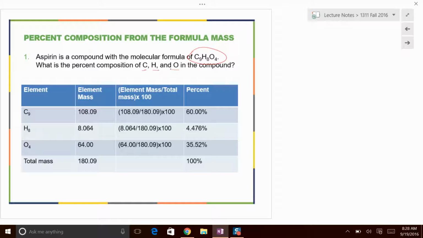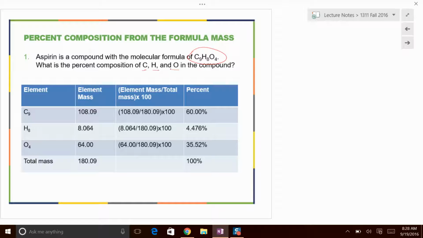For hydrogen, same thing, 8.064 divided by 180.09 times 100. 64 divided by 180.09 times 100. These are the percentages. If I add those together, I get 100%. That's how I'm going to determine the percent composition of a single element in a compound.